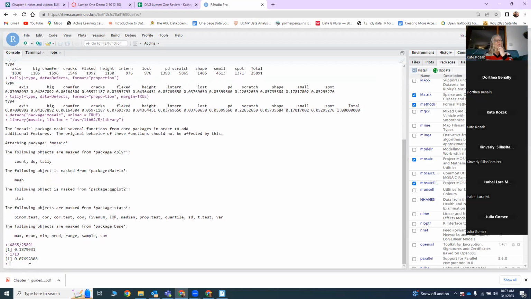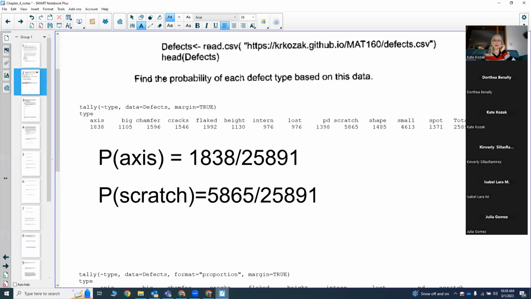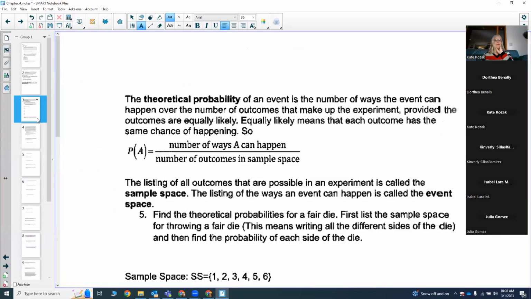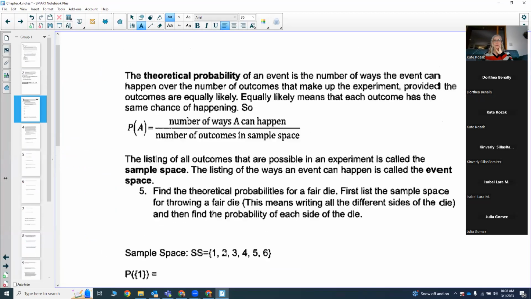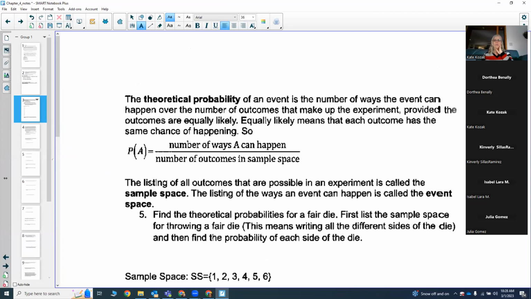And so we want to know why did it not work in this case, but it did in the other case. So why could I do theoretical probabilities here and say it's 1 out of 6, but here I couldn't do it? And the reason is, and again, I'm going to kind of do more of a lecture this time, is because things have to be what we call equally likely. Equally likely means they have the exact same chance of happening.